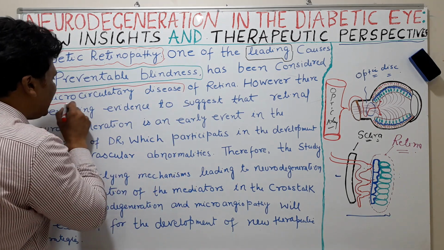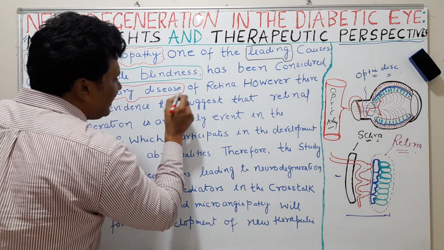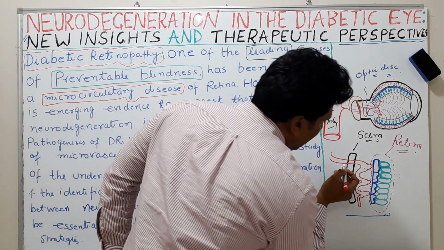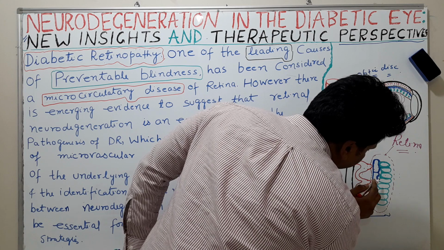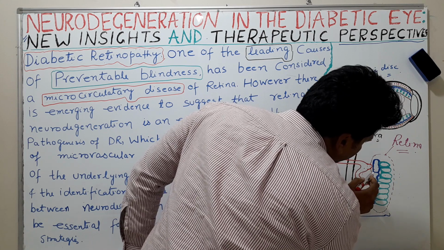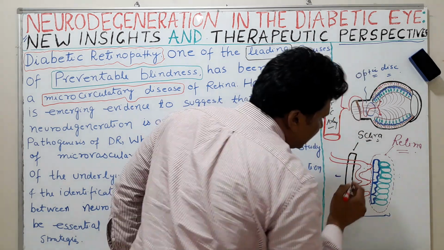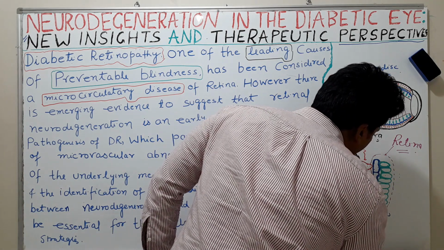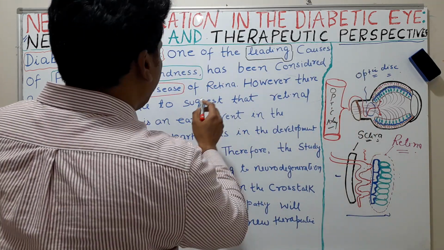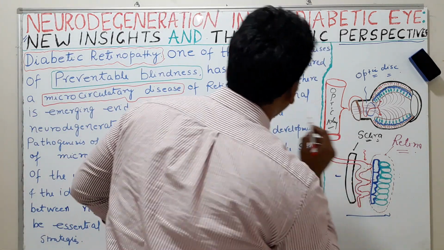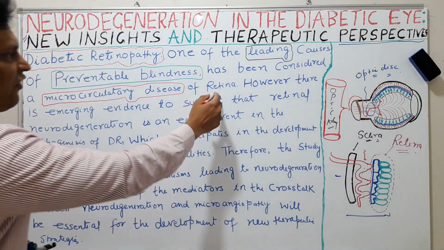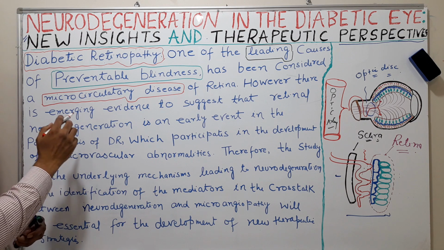Talking about the tiny blood vessels. These are the central ophthalmic artery and the blood vessels which supply blood to the inner part of the retina. So this can be preventable, but it is considered a microcirculatory disease of the retina.